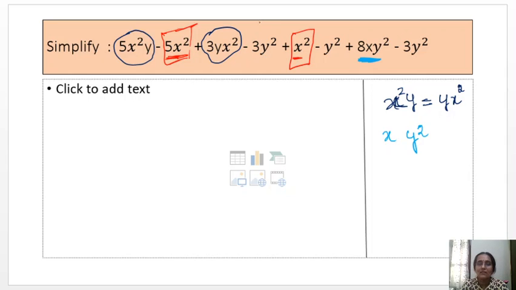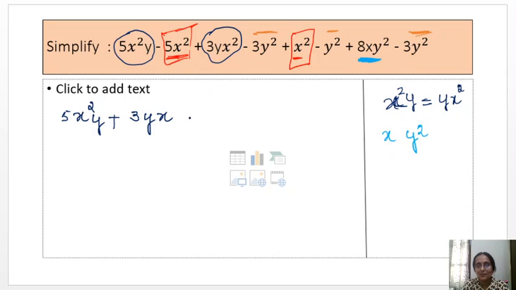3y square and minus y square and minus 3y square. Let me write the like terms together first. 5x square y plus 3yx square, it is same as x square y.